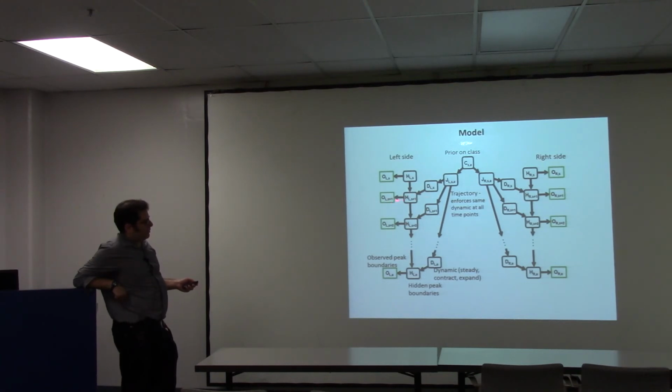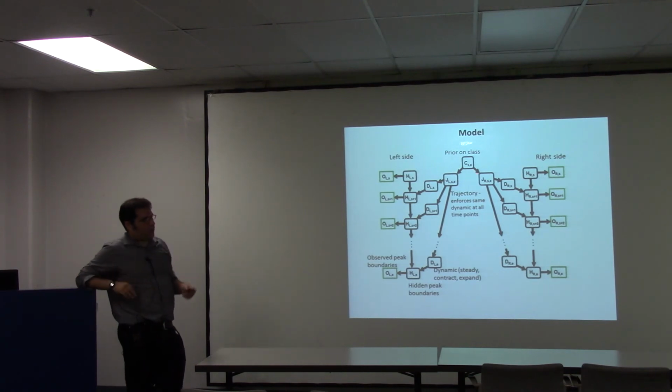And similarly, this is the Gaussian going from the hidden state to the observation. And then, as I mentioned, we have this assumption that across all the time points, we need to have the same class of dynamics. So we have a variable that enforces the trajectory. And then the left and right edge can have different trajectories. And then we have a prior on our probability of seeing that combination of trajectories.